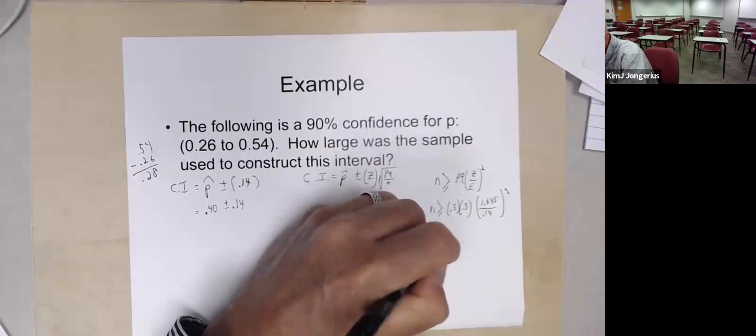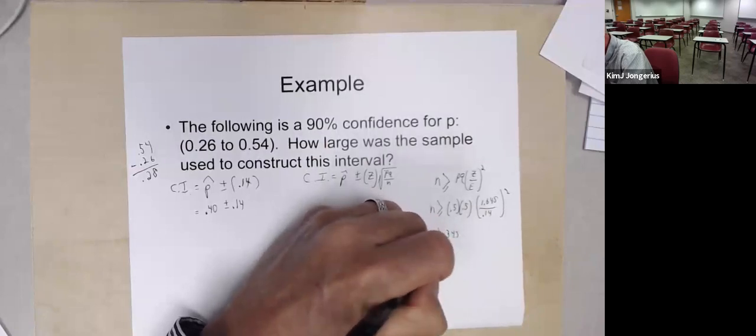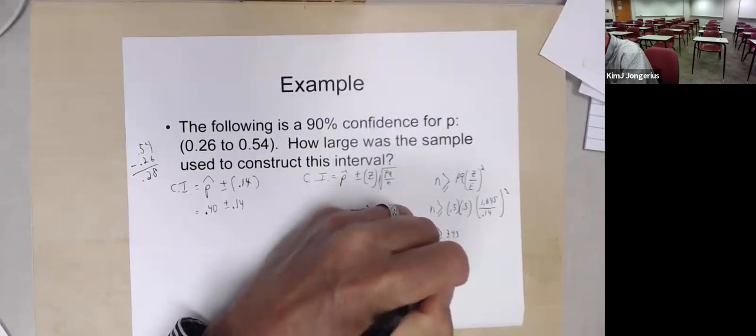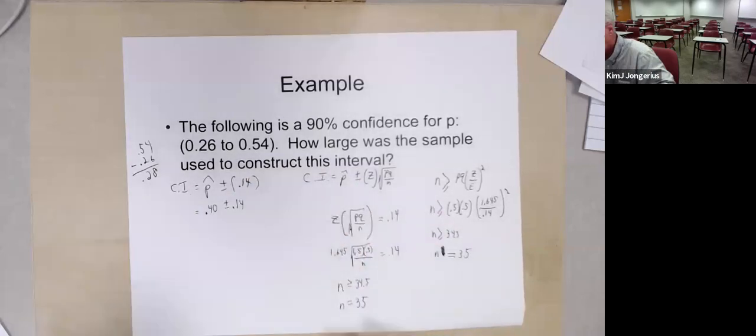N would have turned out to be greater than 34.5 and would have to have been equal to 35. That would be how large a sample was used to construct this particular interval.